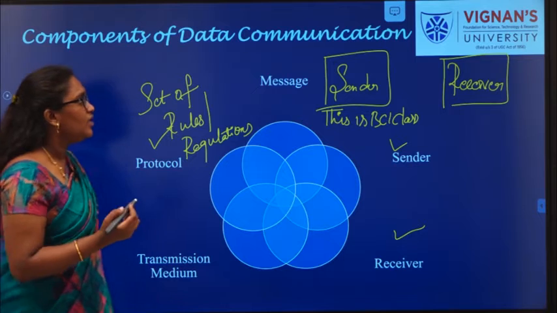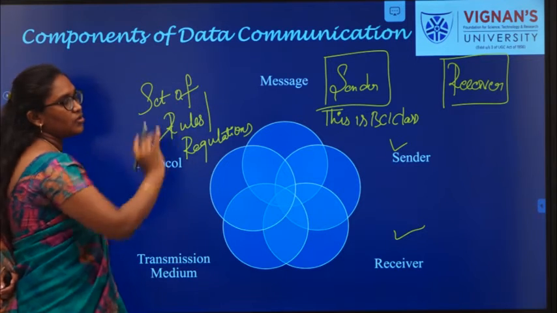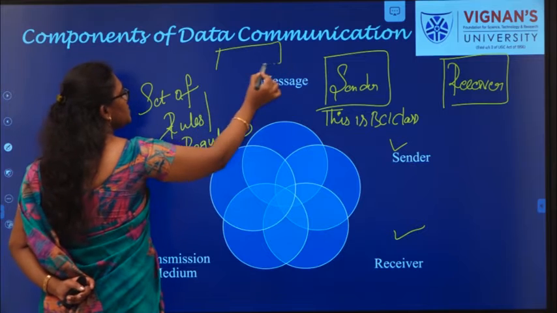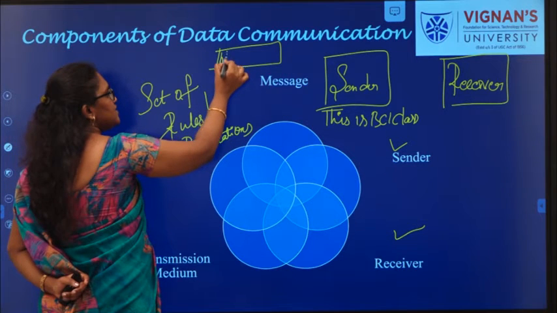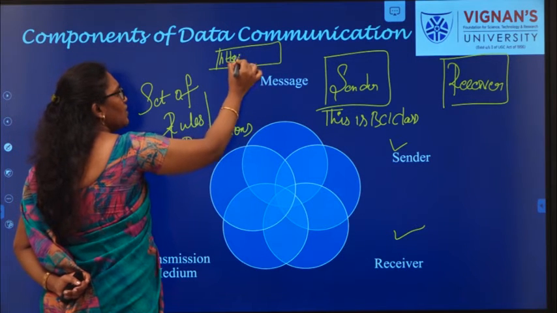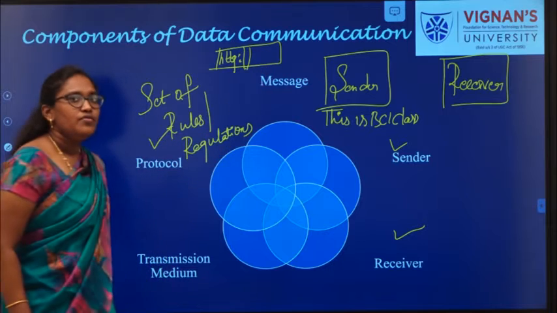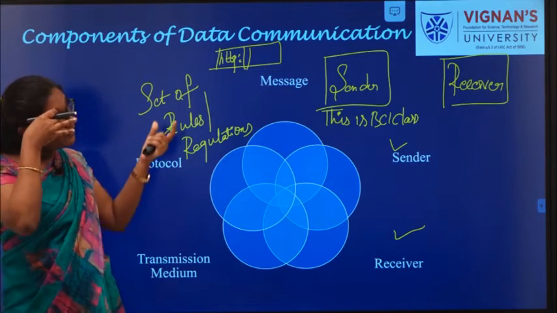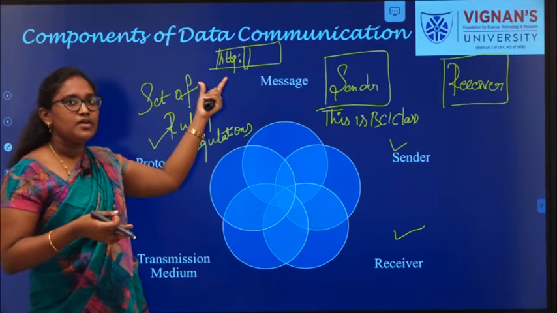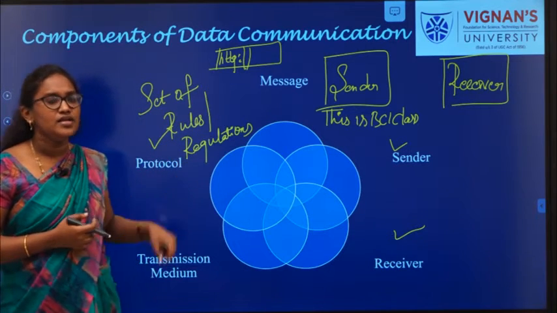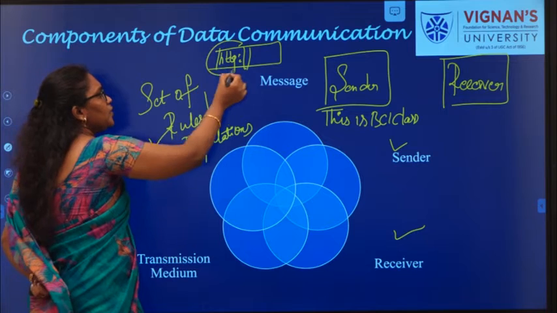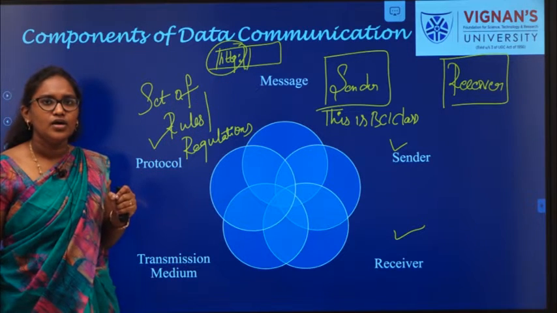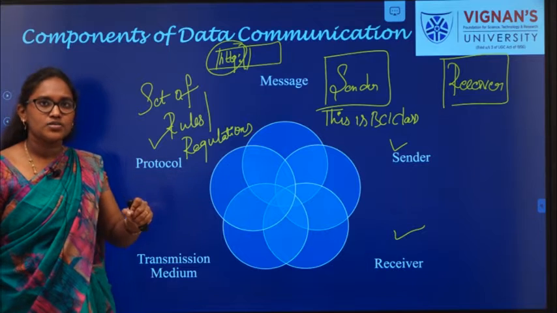That is the reason if you observe your Google Chrome, in the search bar you will have http colon double slash, for all the websites, even for sending mail, for everything. This is a protocol which will help in forwarding data from one place to another.